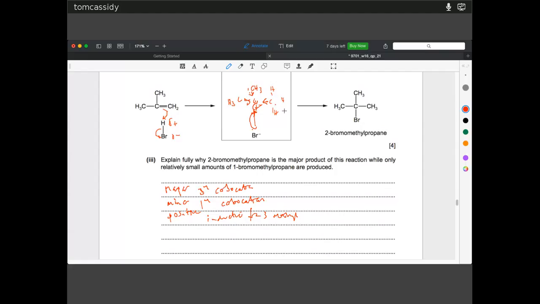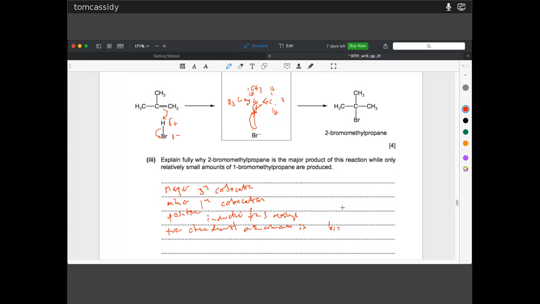If it was the primary carbocation, you'd only get a positive inductive effect from 1. And so for that reason, the positive charge density on the carbocation is less.